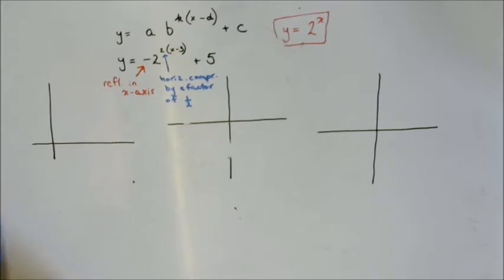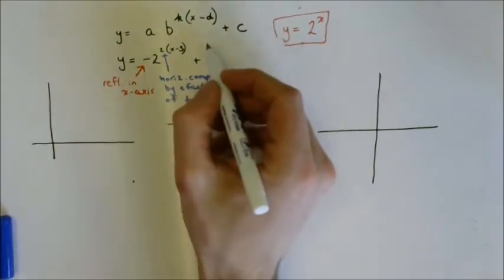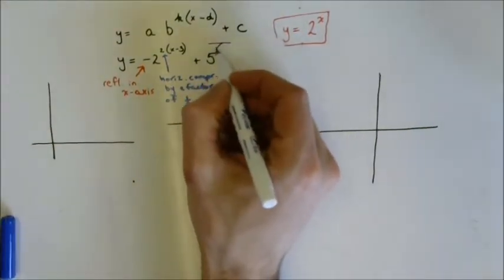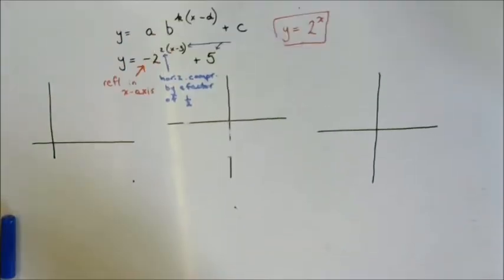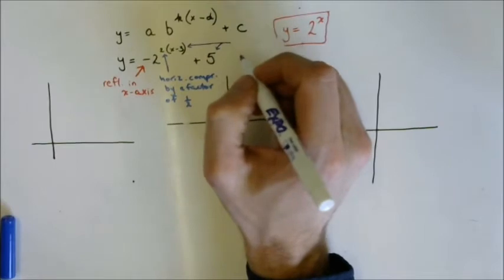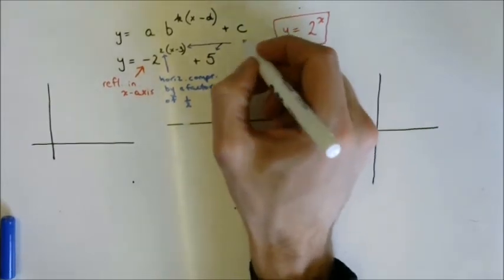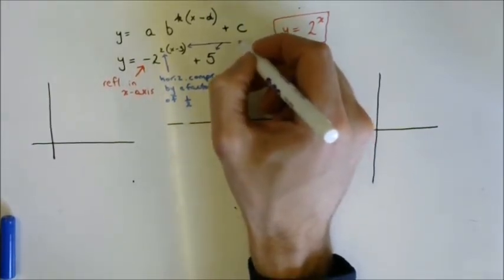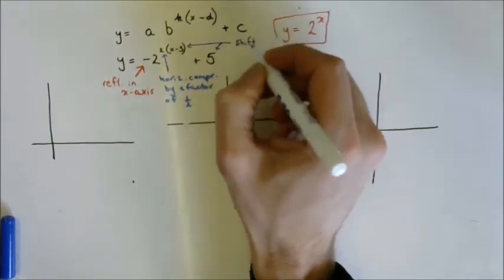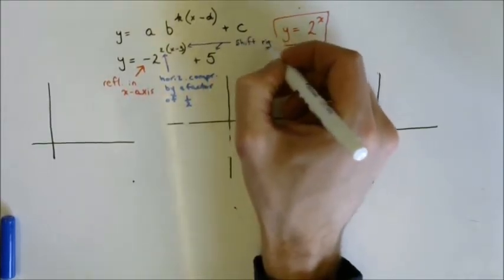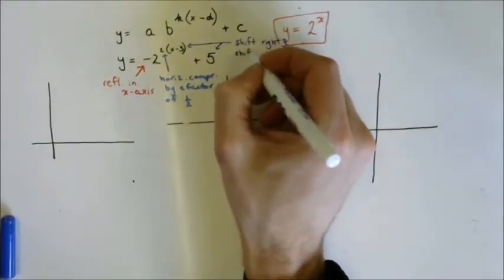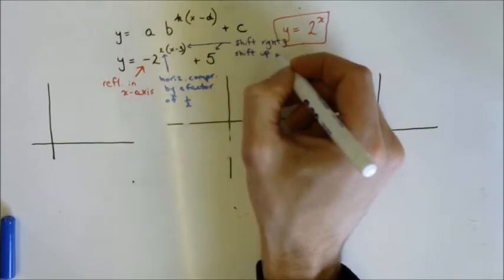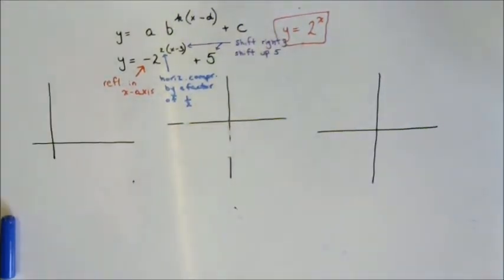And then our last two we're going to do together. They are just the shifts. It's a shift right 3 and shift up 5.